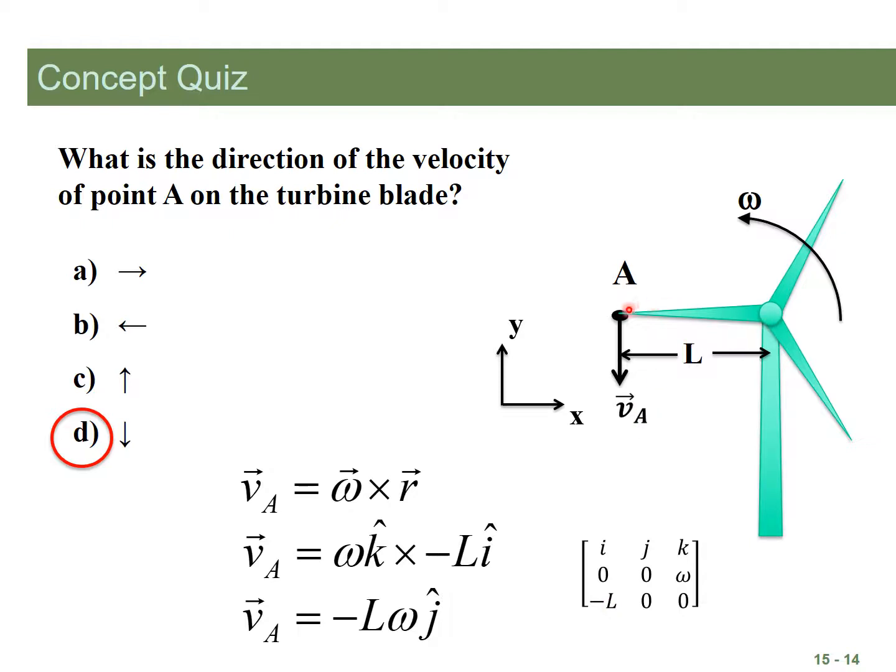So for these, it's a cross product, just like your old moment calculations, where you put the ijk components of your rotation in the first row and your position vector that goes from the axis of rotation to the point where you're interested in that velocity, and chug through that cross product, and that will get you the magnitude and the direction of your velocity.